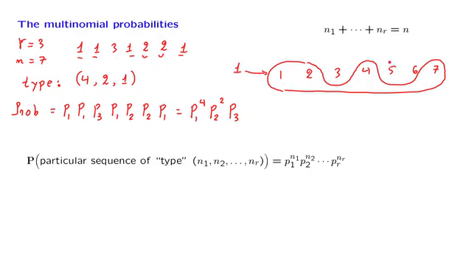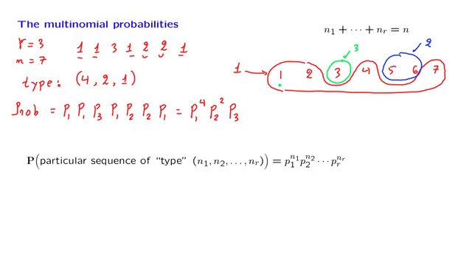In this set of trials, the fifth and the sixth trial, we had the second color. And in this trial, the third trial, we had the third color.